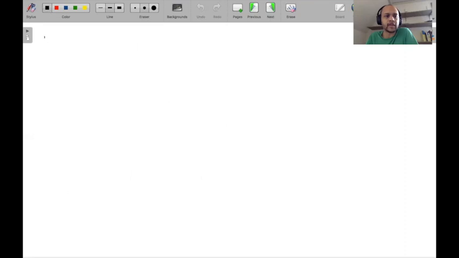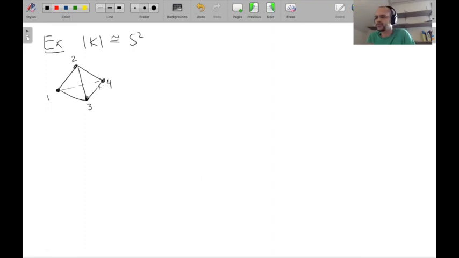Let's do a different example. Now let's take a triangulation of the two-sphere, and let's specifically take the surface of a tetrahedron. So let's call the vertices 1, 2, 3, 4.